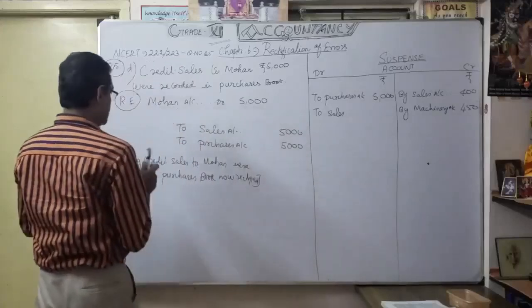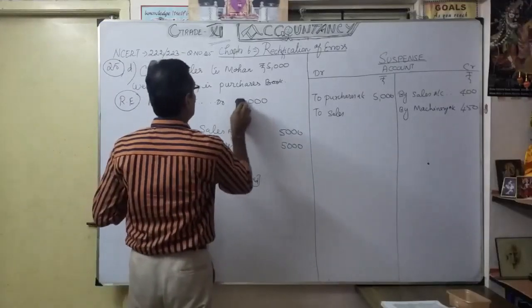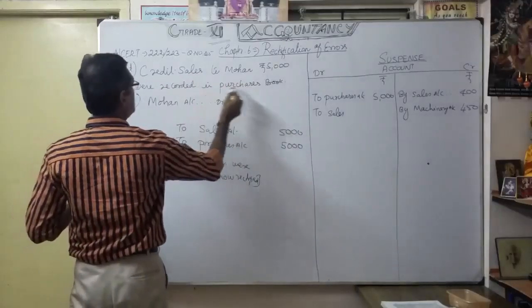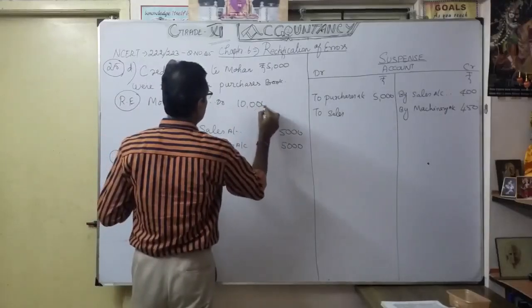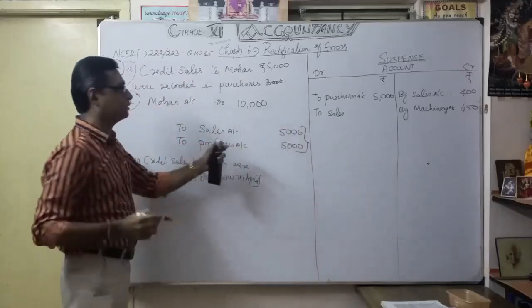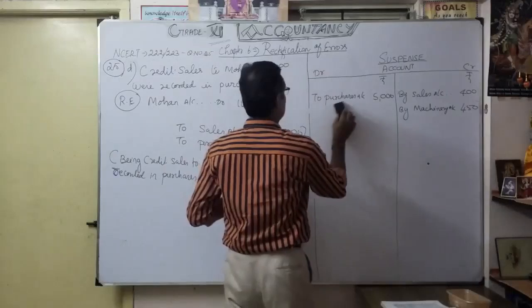Our Morgan account becomes 10,000. That's what we want to remove, because earlier Morgan 5,000 was recorded in purchase book. So now Morgan account is 10,000, and we do sales account 5,000 to purchase account 5,000. That's why suspense account won't come here.